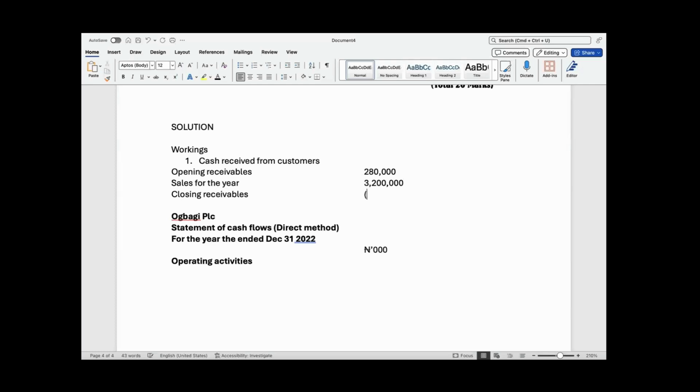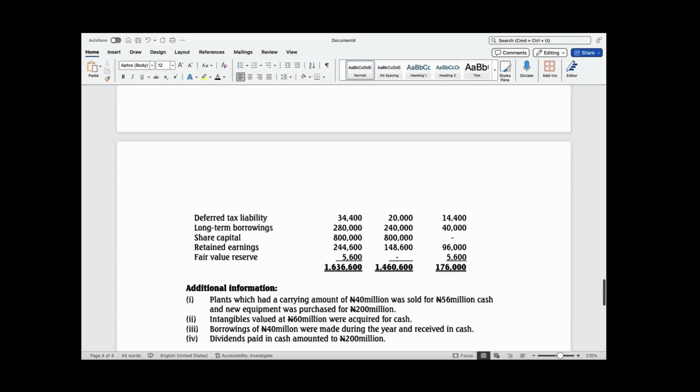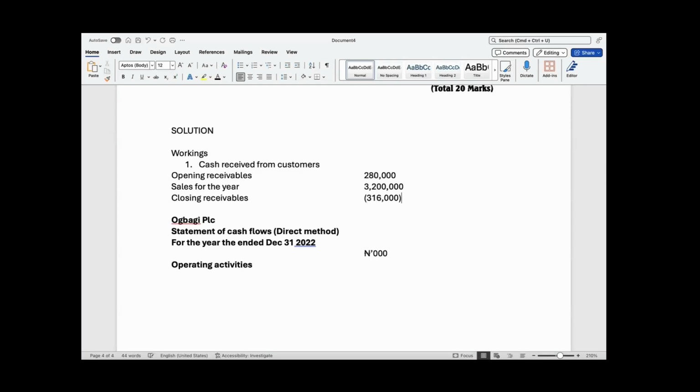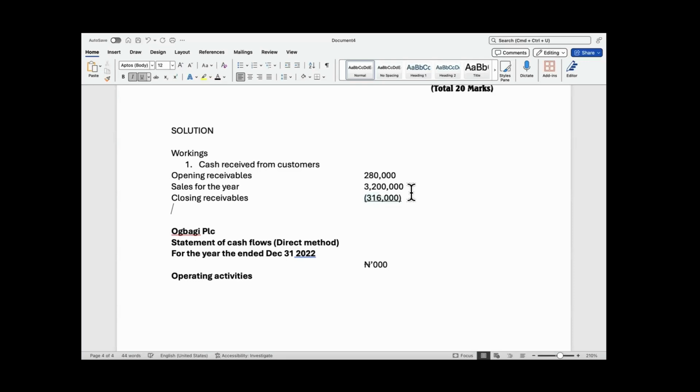How much was our closing receivables? 316,000. Okay. How much should that give us? This is the cash received from customers.